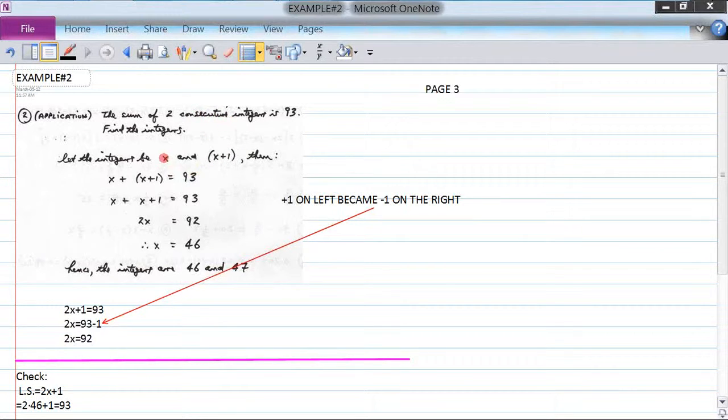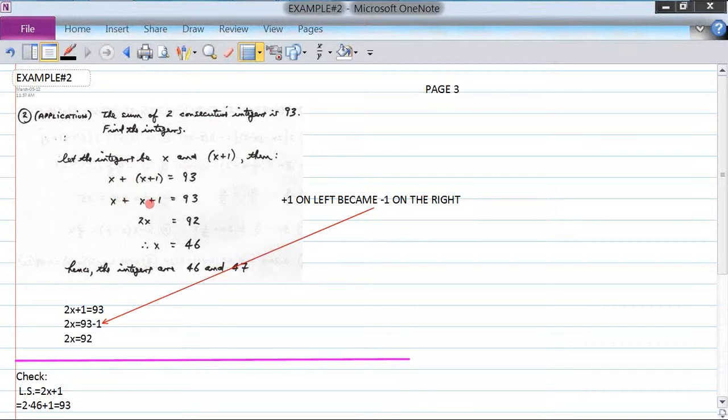So if we let the first one equal x, then the next one that comes right after it is x plus 1. And so we get x plus x plus 1 equals 93. We remove the brackets here. We get this x, this x, is that x, and this is 1.